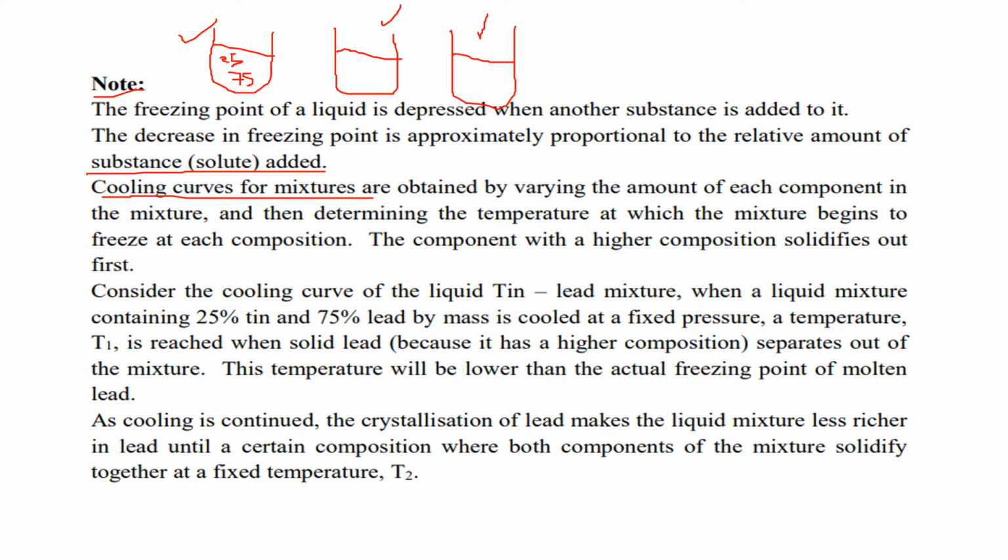What we vary in this mixture is going to be the composition, and then this one we may say that we want 40% tin, and then 60% lead. We use the same components, but we vary the compositions. Then this one is 30% tin, and then 70% lead.